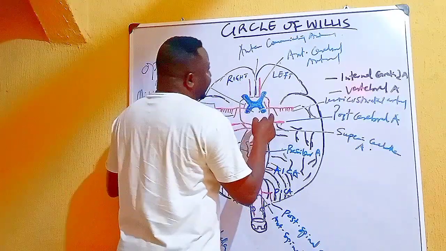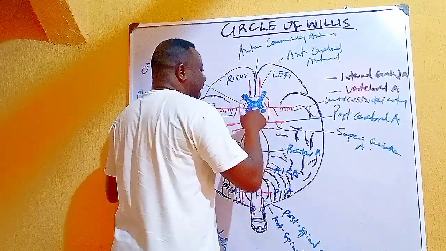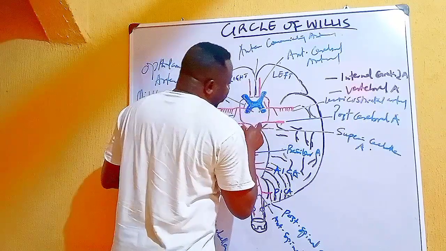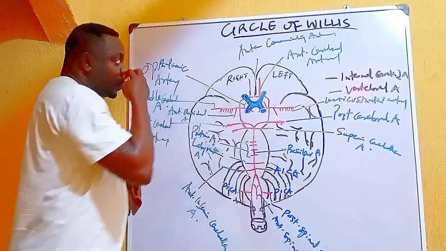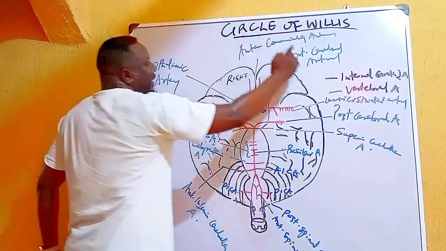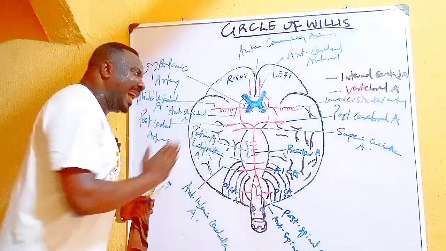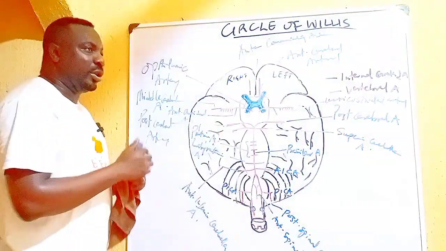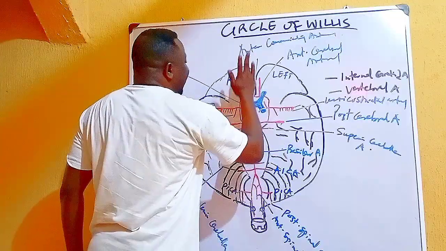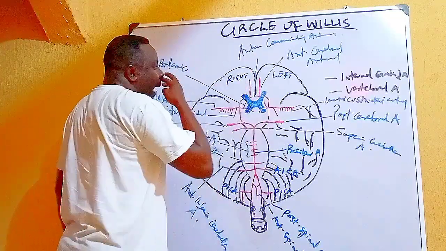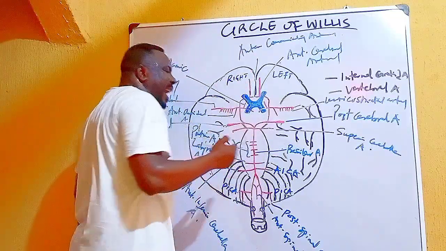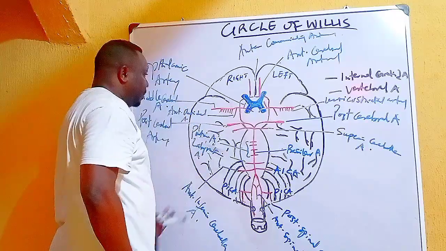The posterior communicating artery connects the internal carotid artery and the posterior cerebral artery. Now, the anterior cerebral artery actually lies in the medial aspect of the cerebral cortex. In fact, it runs through the medial longitudinal fissure and supplies the medial aspect of the cortex.